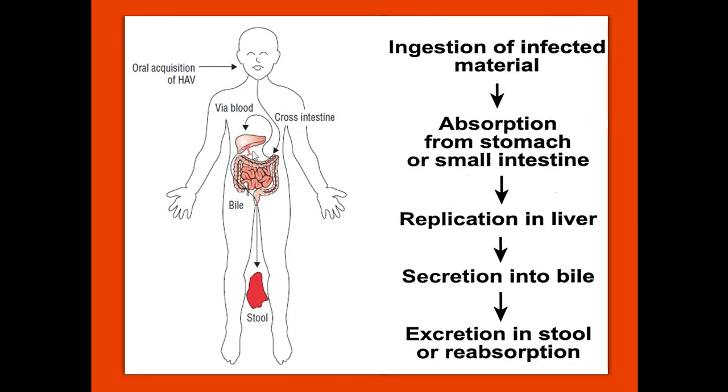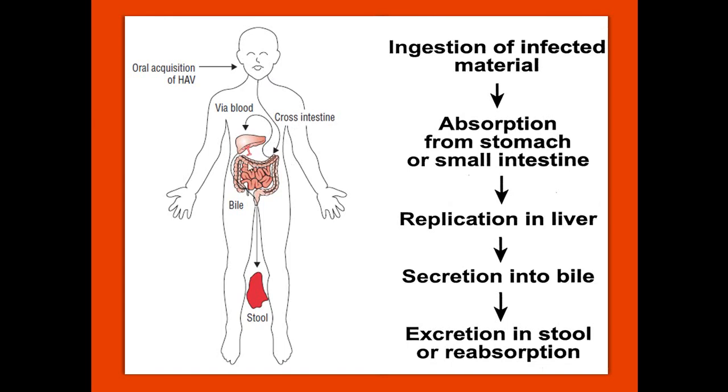It will pass to the liver via the portal venous system, where the major replication of the virus will happen inside the hepatocyte. So now we know the replication can happen in the liver and can happen in the GIT, starting from the oropharynx.